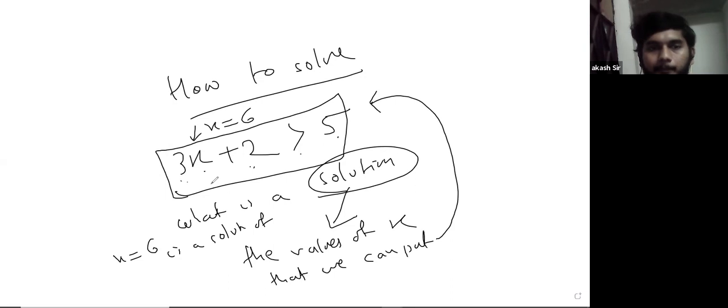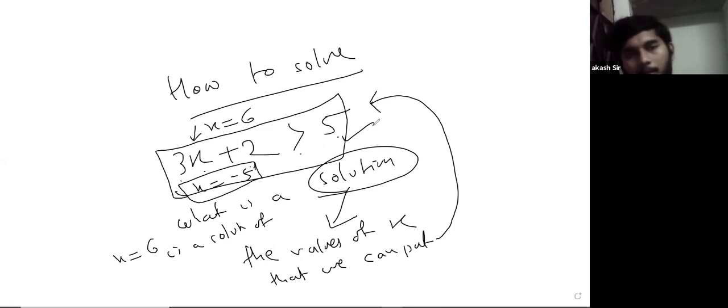Okay. Mahima, x equals minus 5. Is it a solution of this inequation? No, sir. Why? Because minus 15 plus 2, minus 13, is not greater than 5. Yeah, right. So I hope everyone understood this.